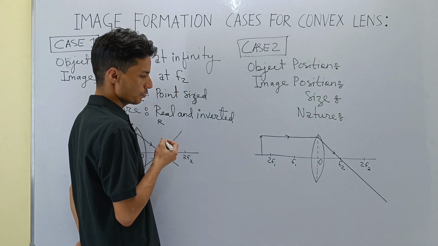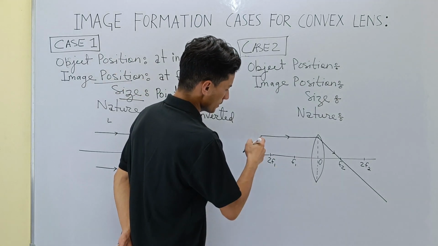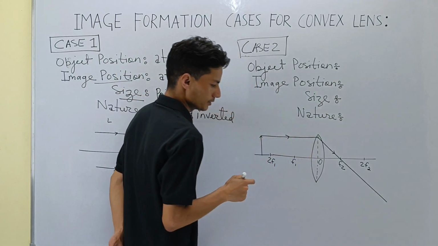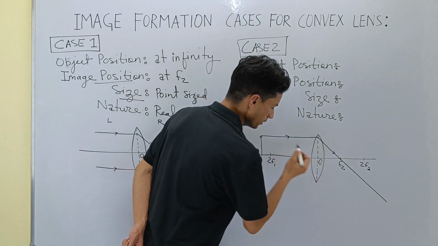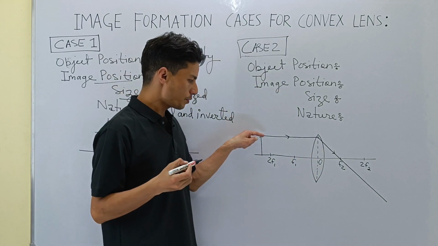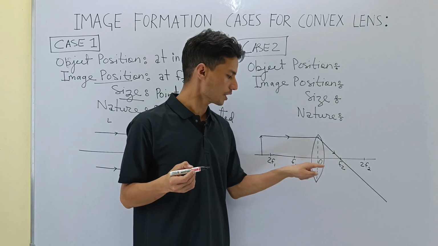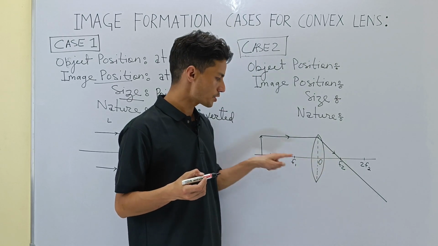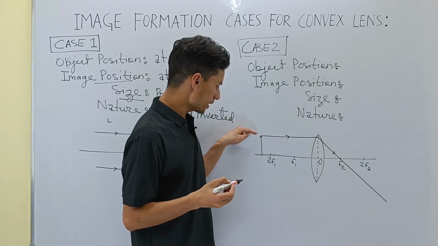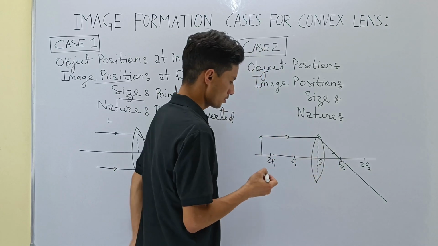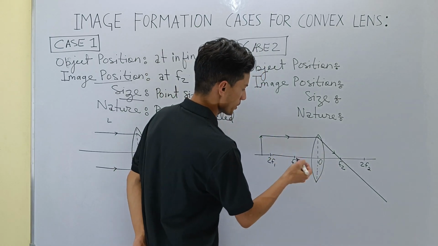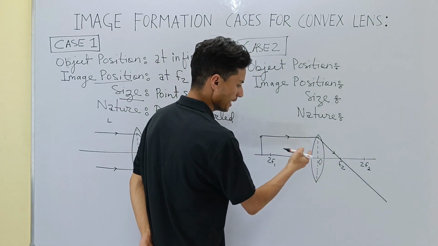Now the second one, what will happen? The second one will aim at the optical center, and we know that any ray which enters the optical center passes through without undergoing any refraction. There is no deviation. So that is rule 3. So we are following rule 1 and rule 3.